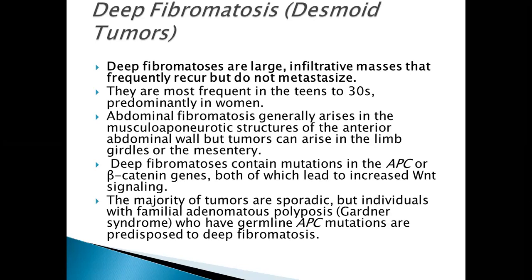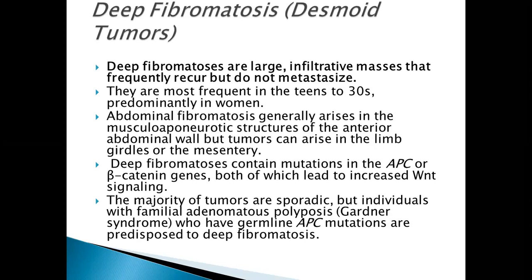In superficial it was more common in men; here, it is predominantly in women. Abdominal fibromatosis generally arises in the musculoaponeurotic structure of the anterior abdominal wall, but tumors can arise in the limb girdle or mesentery too.